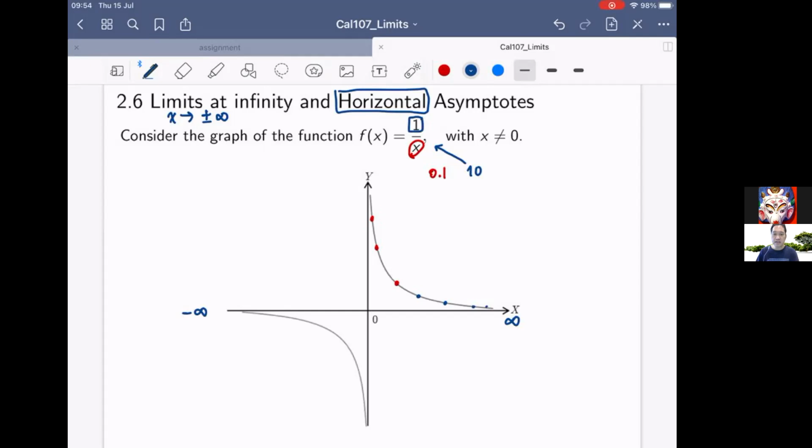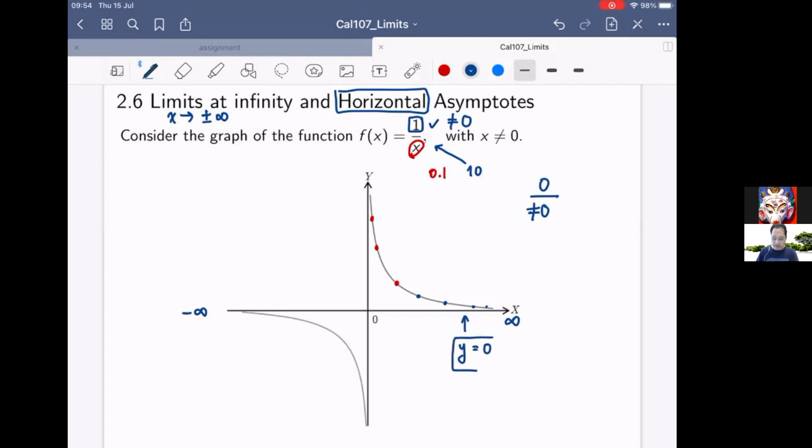A fraction equals 0 only if the top is 0 and the bottom is not 0, and here the top is always 1, so it can never be 0. It just gets smaller and smaller but never reaches 0, so it gets pretty close to the line y = 0.